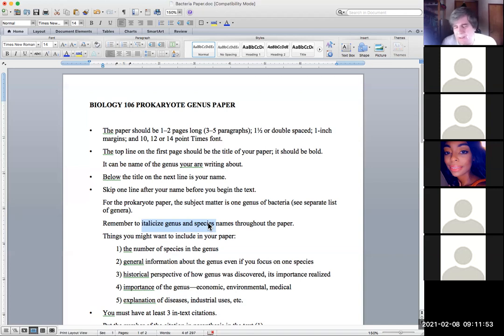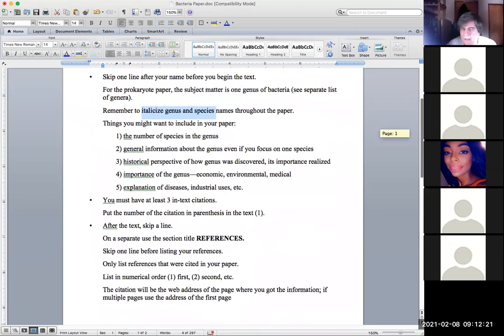So maybe you're writing about Staphylococcus and you're going to write about Staphylococcus aureus, which is 1 species. So after you say Staphylococcus, then you can say S. aureus. You don't have to write out Staphylococcus each time. Now notice that S period, that still should be italicized because you're just abbreviating the genus name. So the genus and species have to be italicized, species not capitalized, genus capitalized.